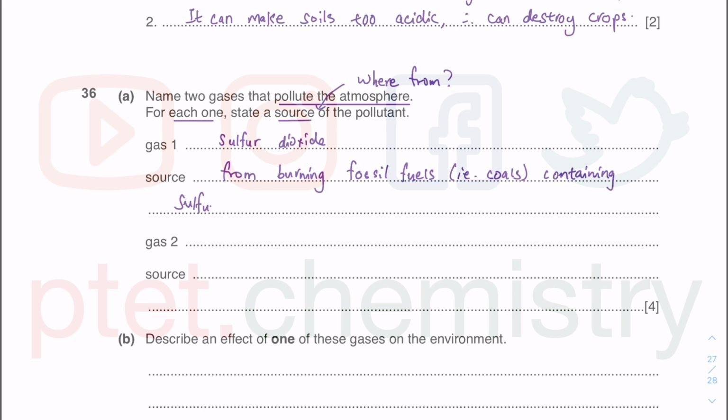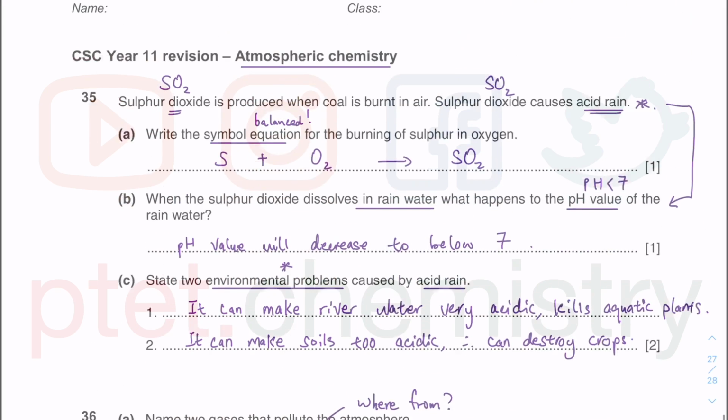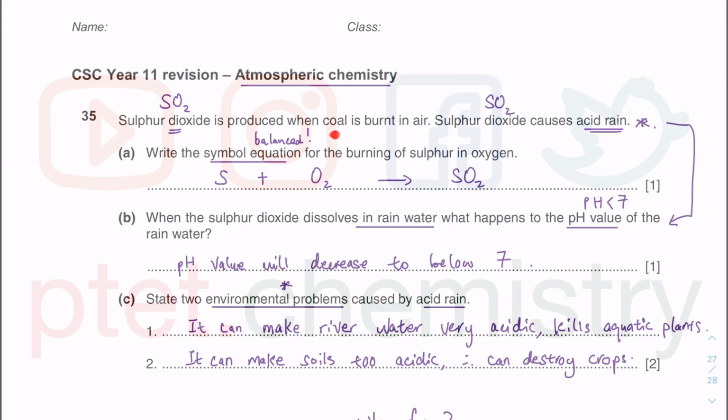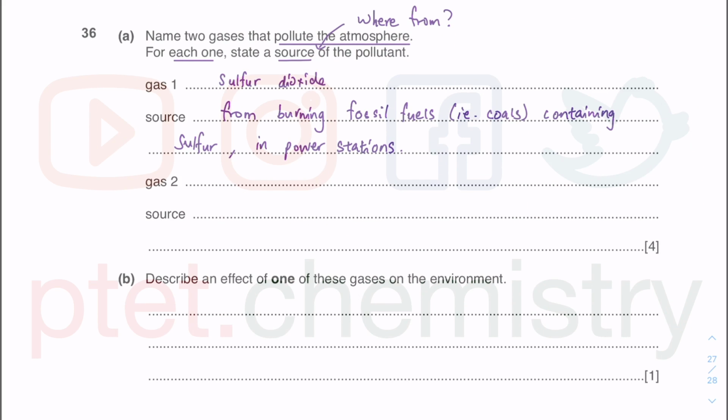So there can be a little bit of sulfur contaminants in fossil fuels, and when you burn these fossil fuels in power stations, that is the source of your sulfur dioxide that can cause acid rain. It's pretty similar to whatever was stated in the previous question. The coal is burned in air in power station. The coal is fossil fuels that contain sulfur. That will give you sulfur dioxide as a contaminant or pollutant in the air.